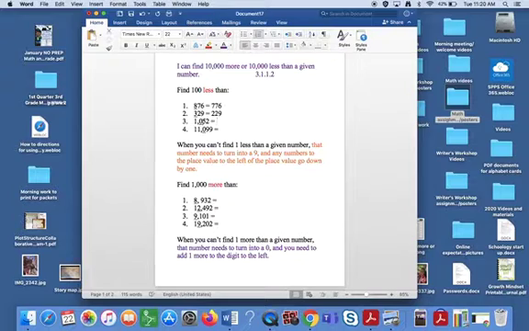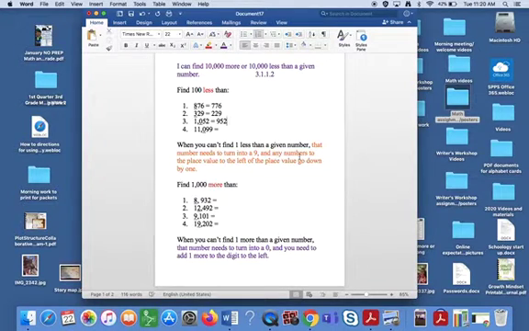So that 0 needs to turn into a 9, and the 52 stays the same because that's not the same place value.